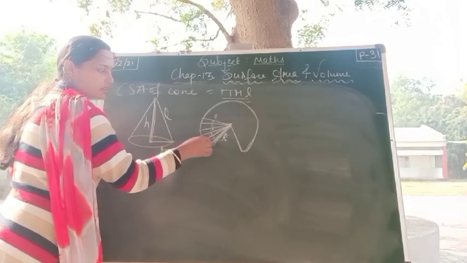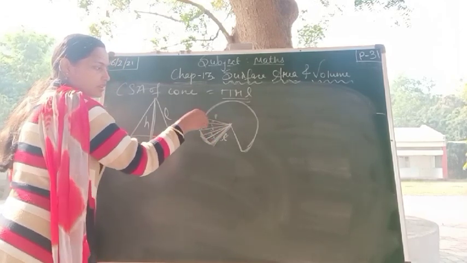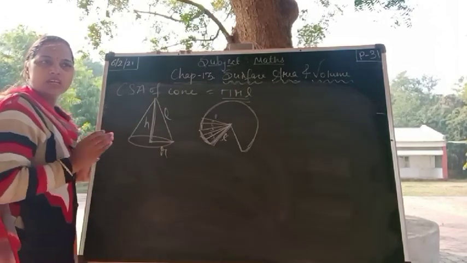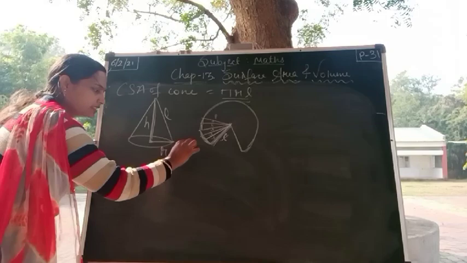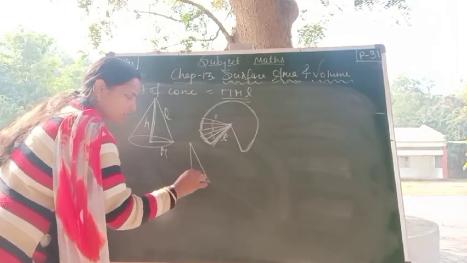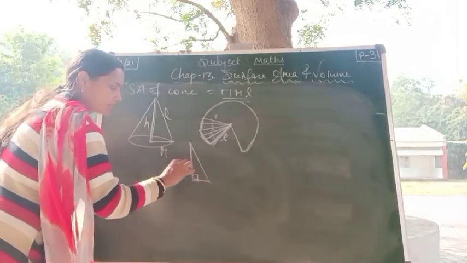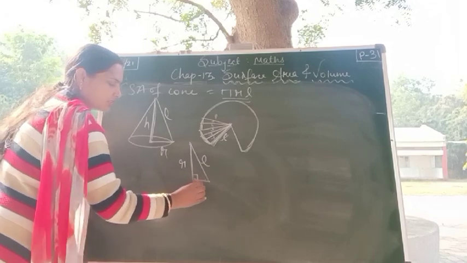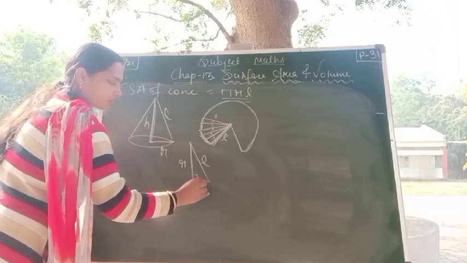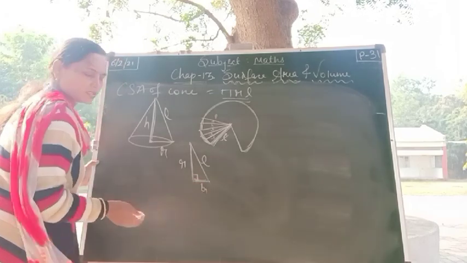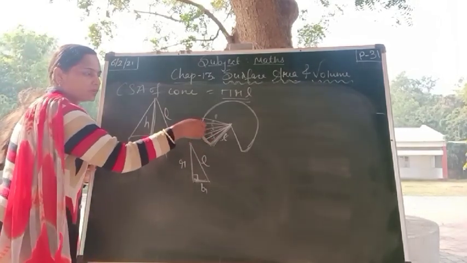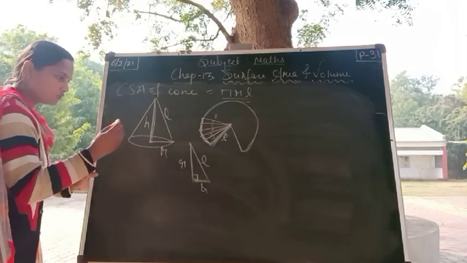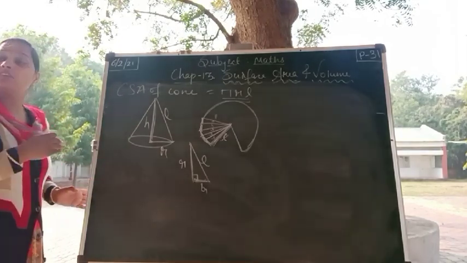Here I am getting a right angle triangle. This is R, this is L, and the base is B1. So the bases are B1, B2, B3, B4, B5 like this. Find out and add all these areas.